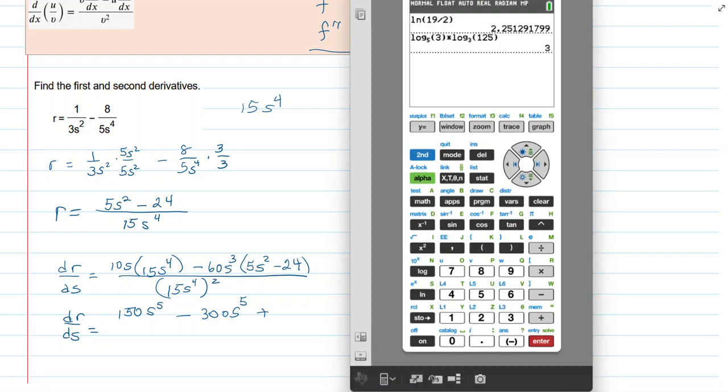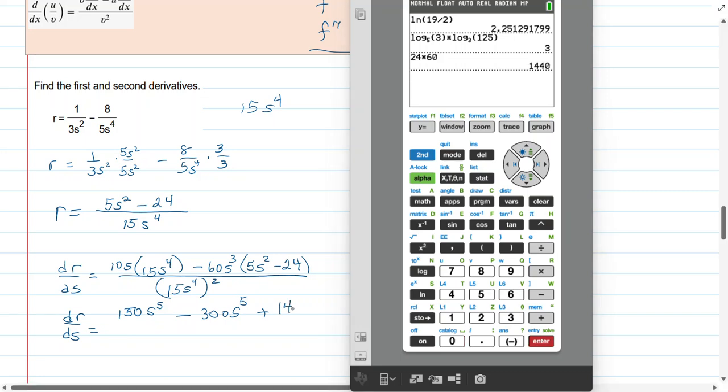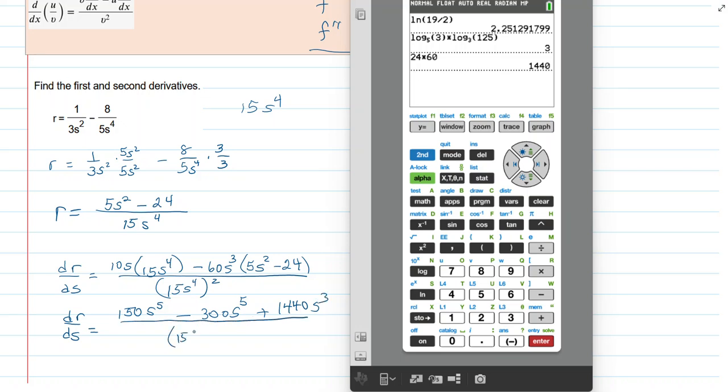I'll make a mistake for sure. That is 24 times 60, 1440. And it's a plus because it's a negative negative, S to the 3rd over the bottom. 15 squared is what, 225? Yes? That's going to be S to the 8.